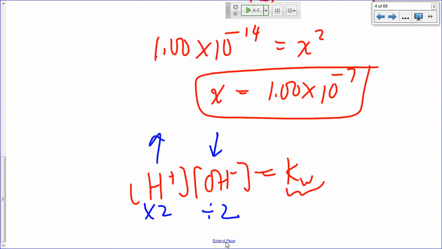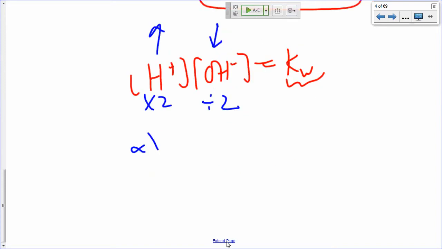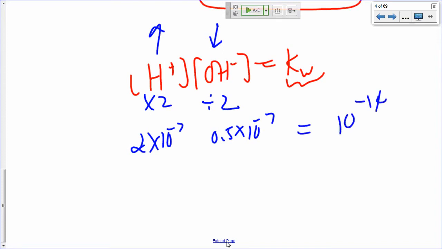So if this was 2 times 10 to the negative 7, then this is going to be 0.5 times 10 to the negative 7 in order for the answer to still be 10 to the negative 14. So if one goes up, the other goes down. You've seen this relationship lots of times already.